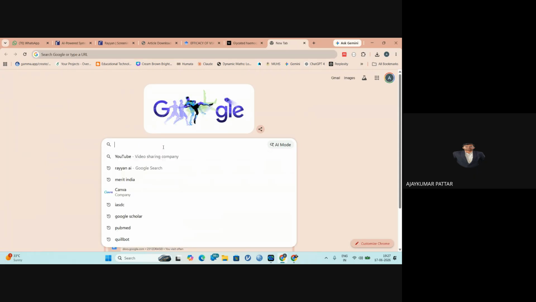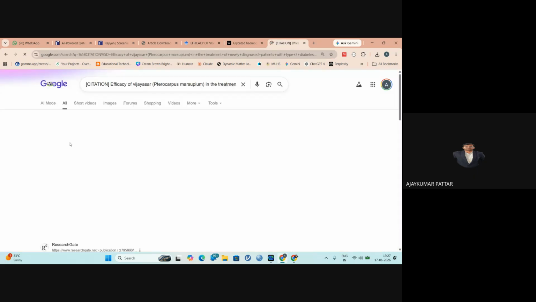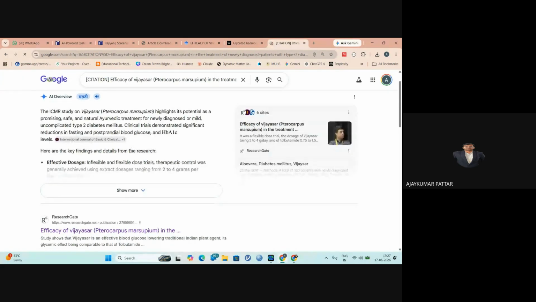So we can go with searching, or request the authors, or search in Google also. But even I don't find this paper. I have searched because this may be an old paper.